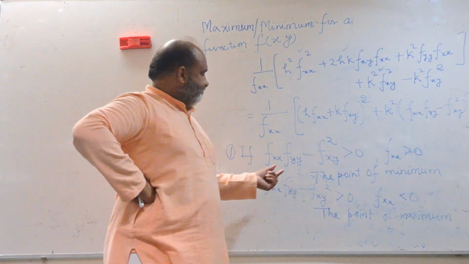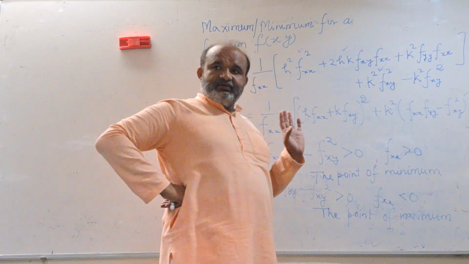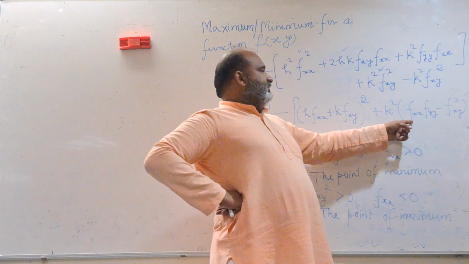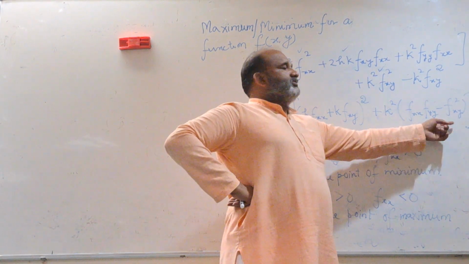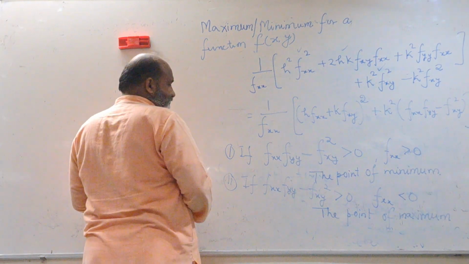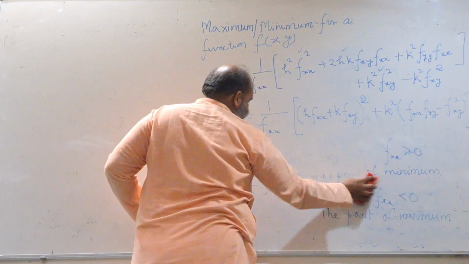Okay, the case that this term is always positive has been decided. Now come to the case where this value is negative. Third one, I am erasing it. Come to the third one.